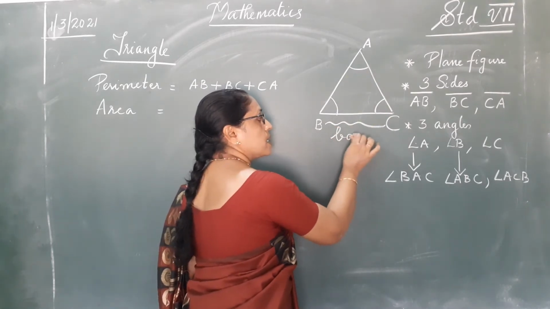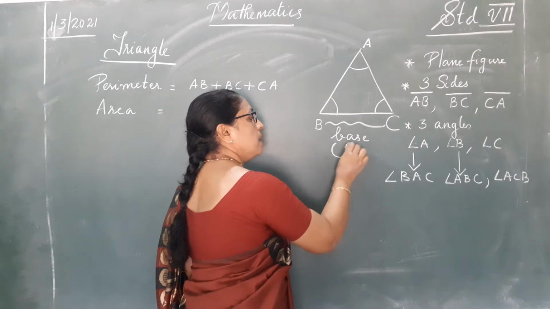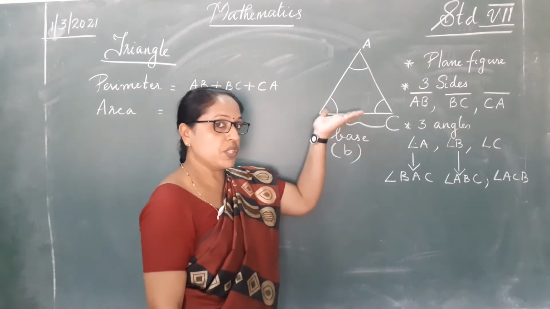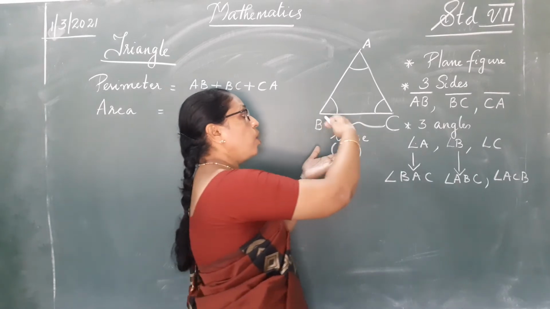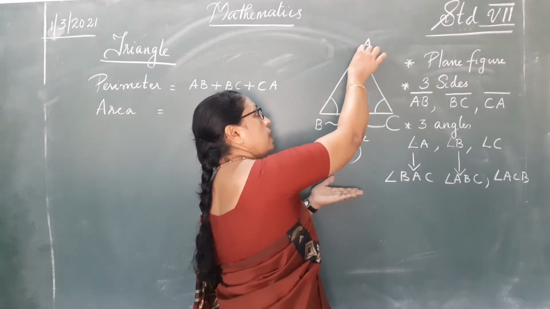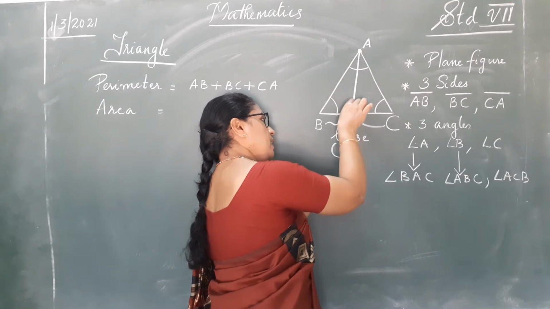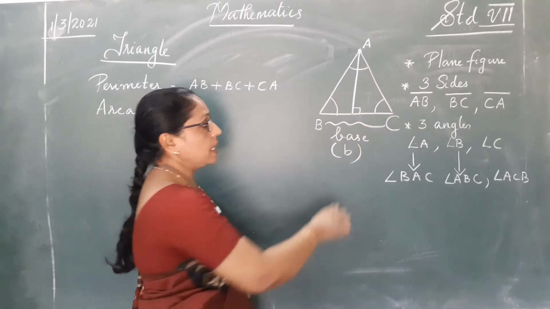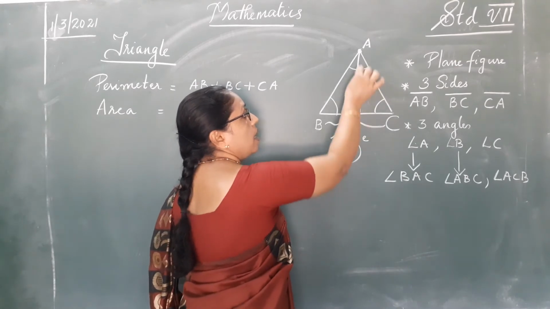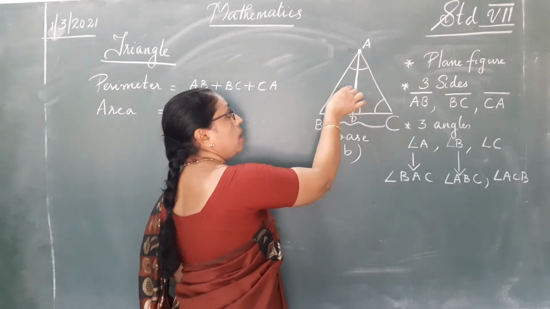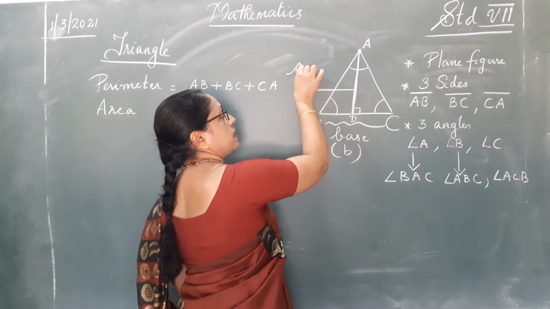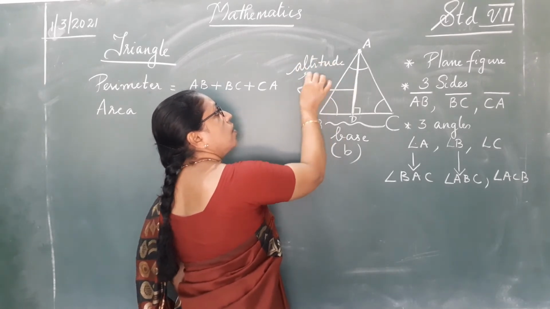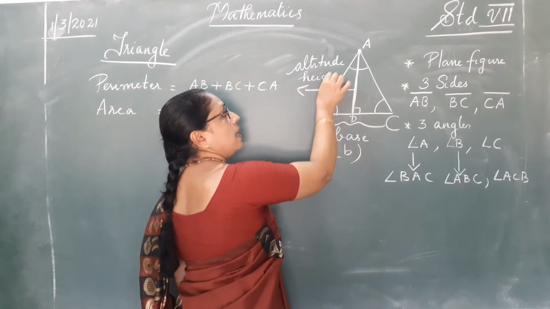So this is known as the base and it is denoted by the letter B. The side on which the triangle stands, and opposite to that side from the point A, when we draw a line that makes 90 degrees on BC, that is known as the altitude or height of the triangle.